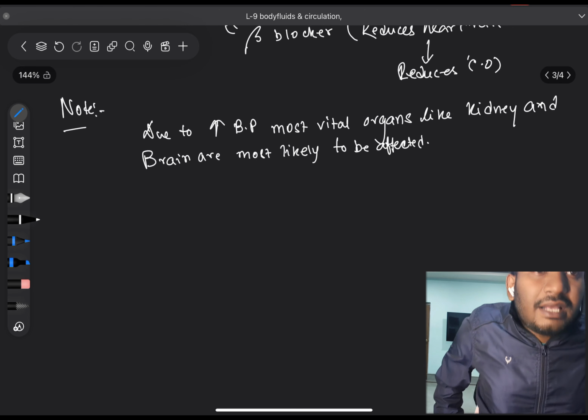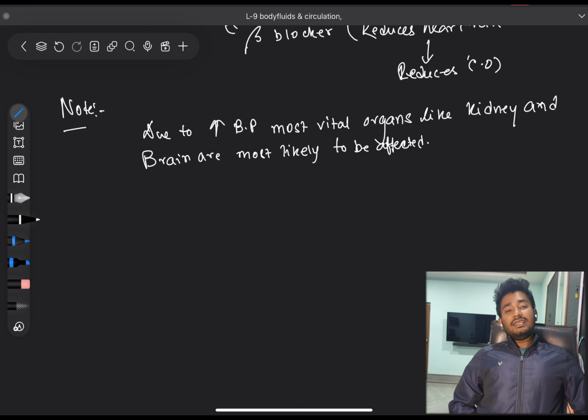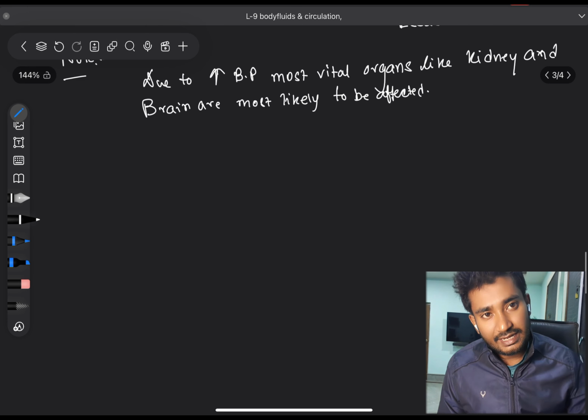Okay, due to the rise of blood pressure, the vital organs like the kidney and the brain get affected.